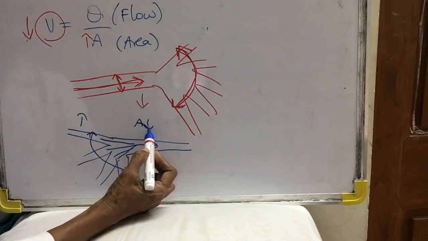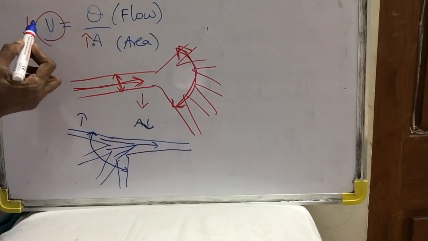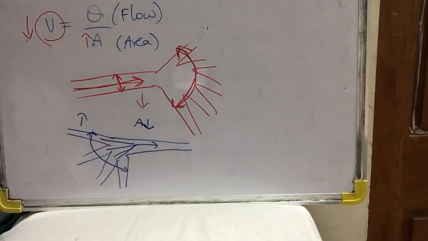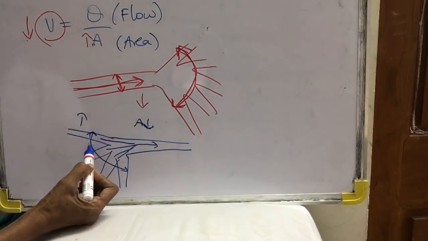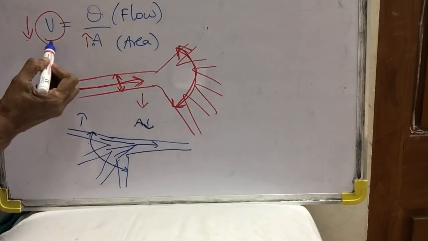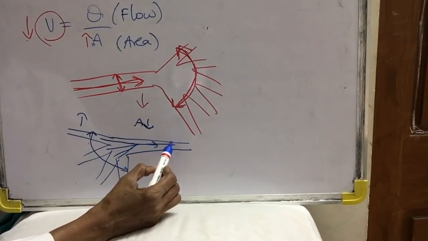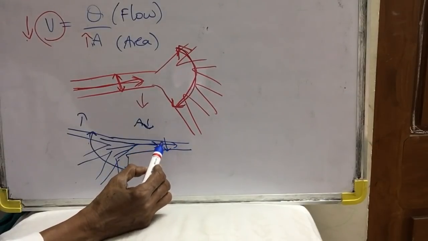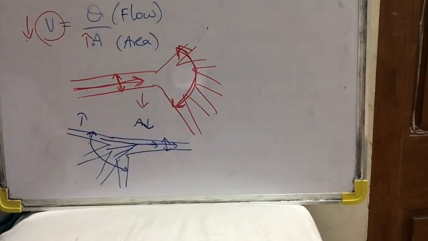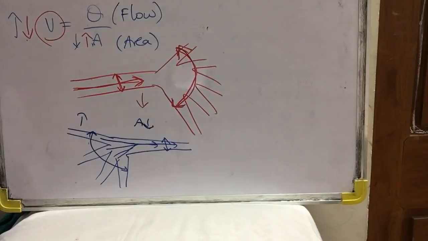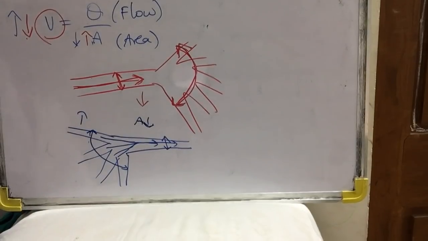Since the velocity is inversely proportional to the cross-sectional area, the velocity will increase in the veins. Here the cross-sectional area is more, so the velocity will be less. And here as they have joined to form the veins, the cross-sectional area is decreased. So if the cross-sectional area is less, then the velocity will be more, since they are inversely proportional to each other.